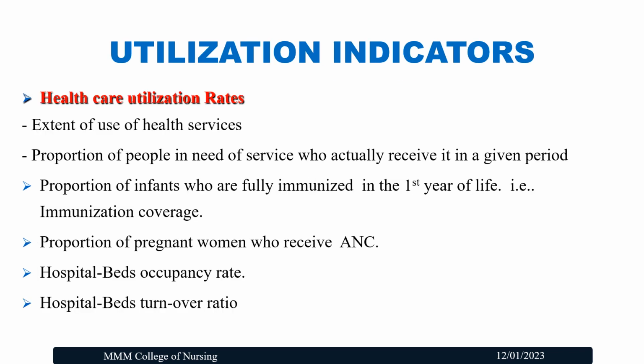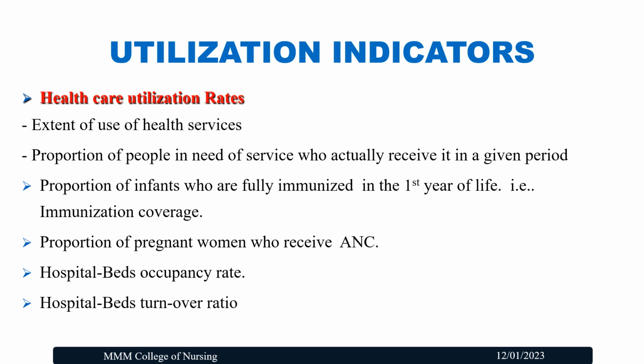Next are utilization indicators. That means how much the people are utilizing the healthcare services provided by the state and central governments. So: healthcare utilization rates, extent of use of health services, proportion of people in need of service who actually receive it in a given period.